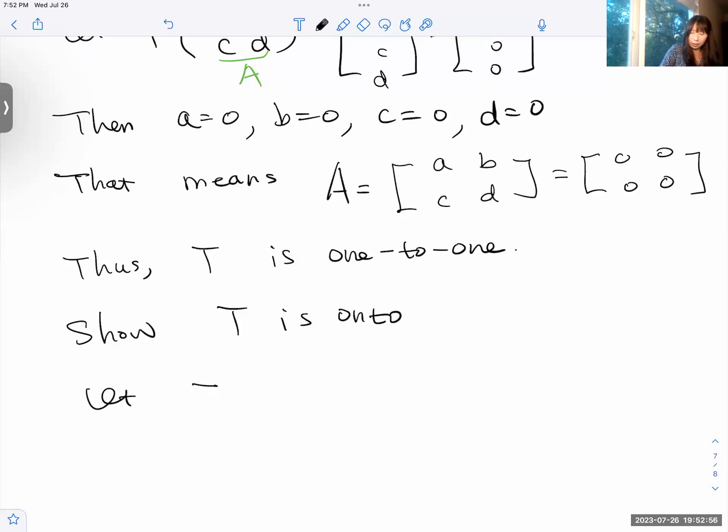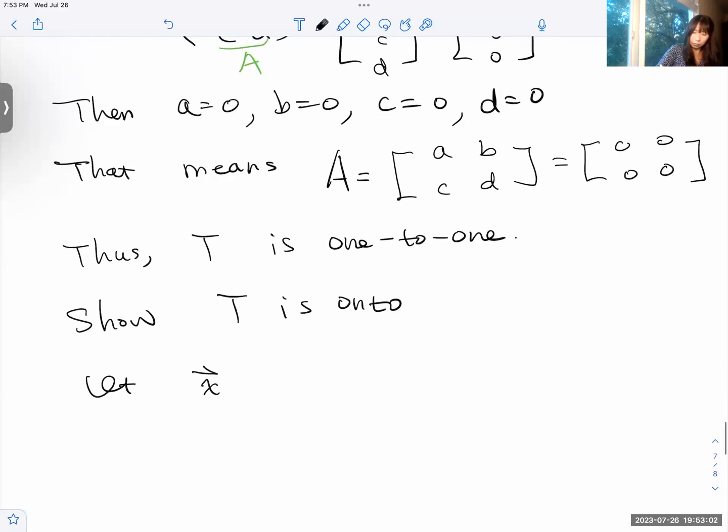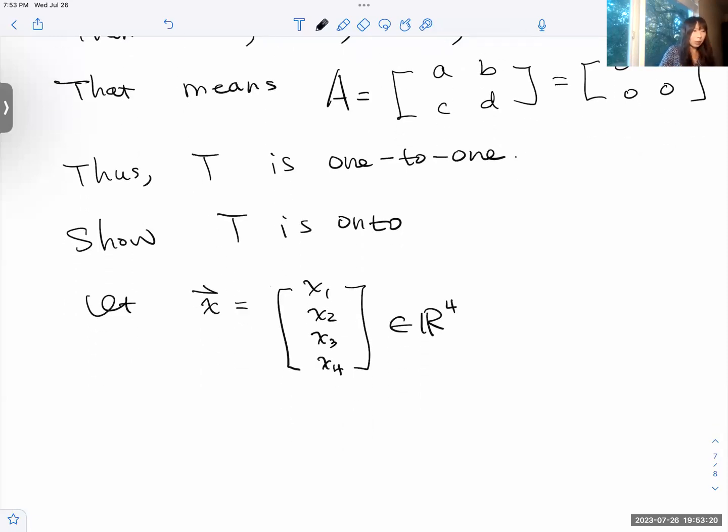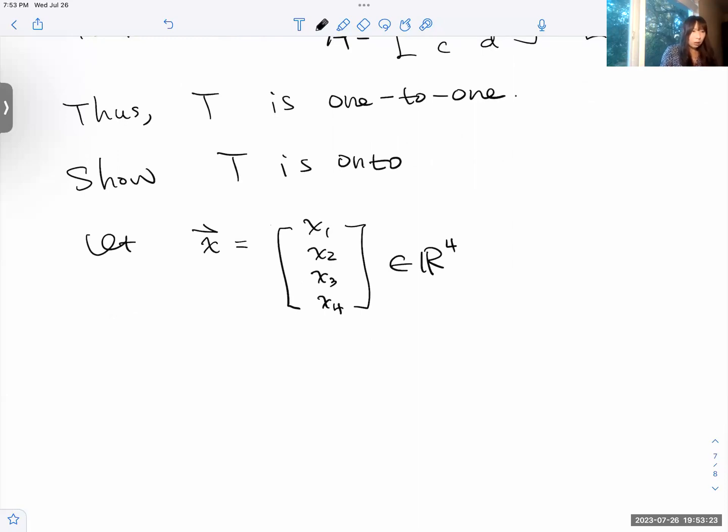Okay, we said let x equal to (x1, x2, x3, x4). This is 4 entries, so we're using R4. Okay, now let A equal to (x1, x2, x3, x4).